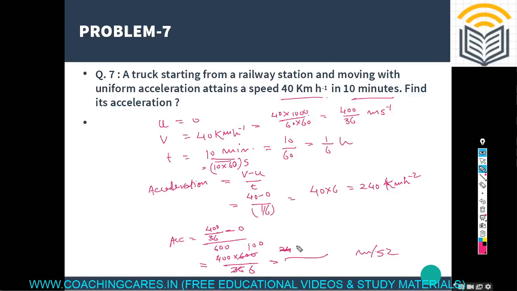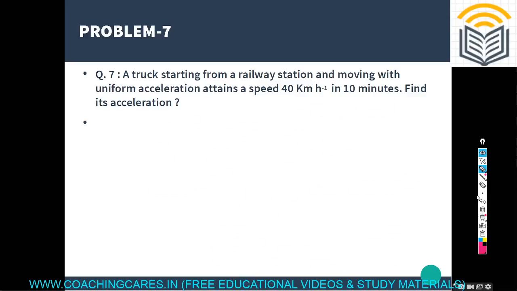So that will become like 40,000 divided by 6, so that will be something like 6.67. That will be in meter per second square. So like this you can solve the problems.